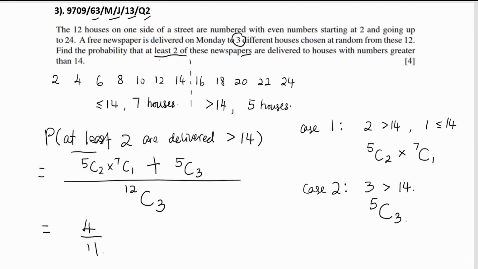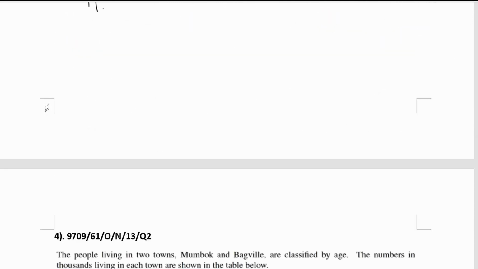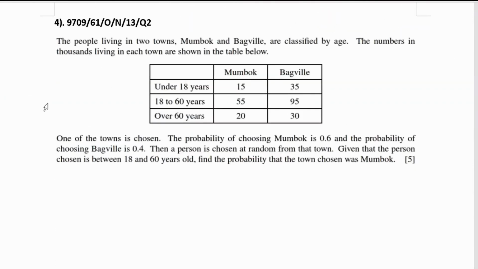All right, then we have found the probability for this particular question. Okay, let's have a look at the next question. As you can see, this is a question about a two-way table, and we are going to find the probability.